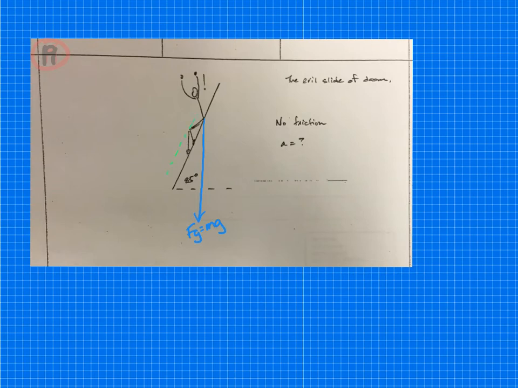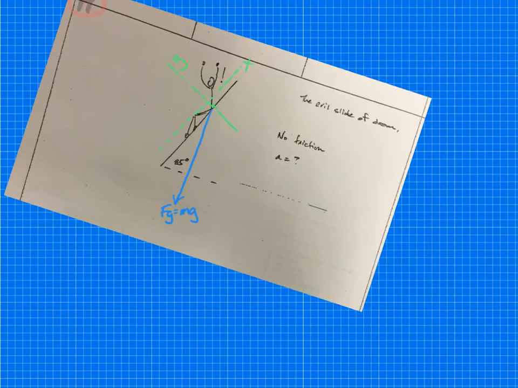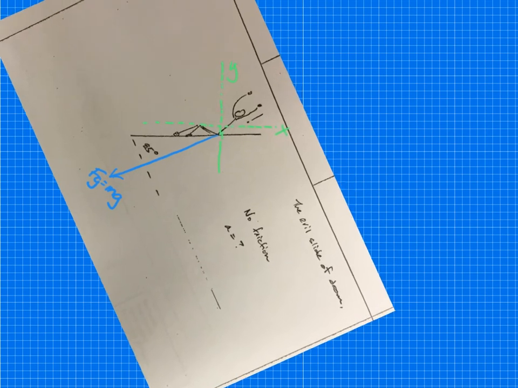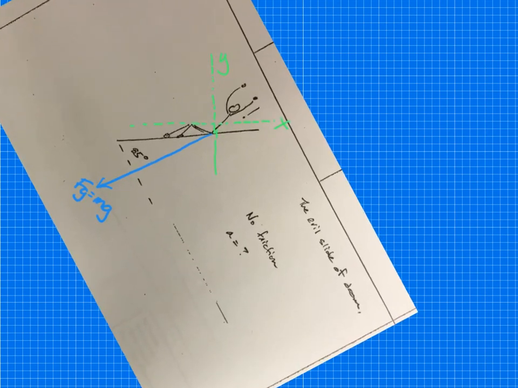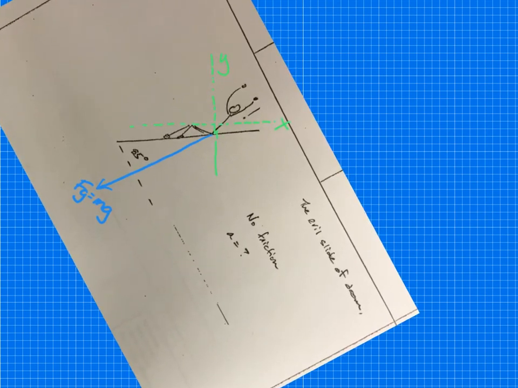So we're going to put in a dashed line and say this is the x-axis, and this is the hard part, but you have to kind of imagine that this is the y-axis. What really helps with this is if you twist your paper and turn your whole paper, and now we've drawn the force of gravity, but we've reoriented the problem so that it's on the x and y axes. Okay, so let's put in some colors to kind of map out some forces.